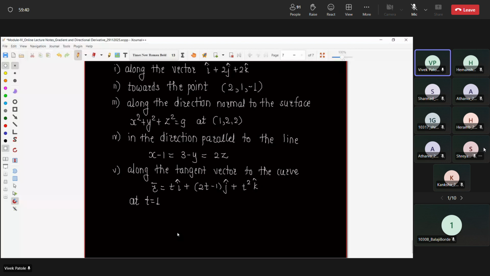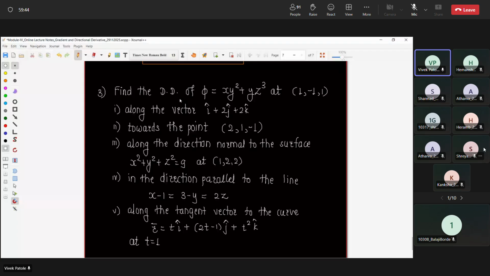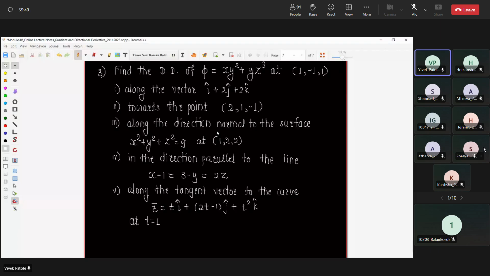So these are the directions along which we wish to find the directional derivative of this function phi. Phi is xy square plus yz cube.